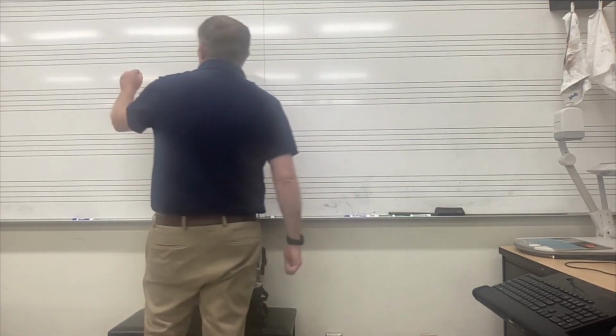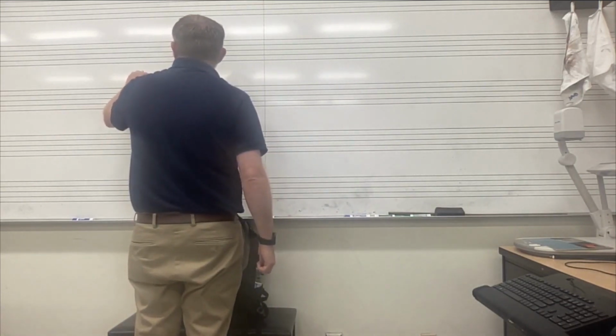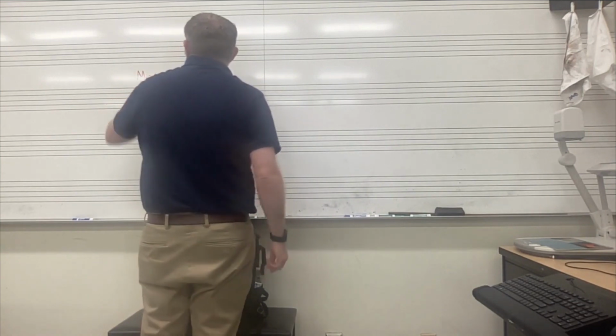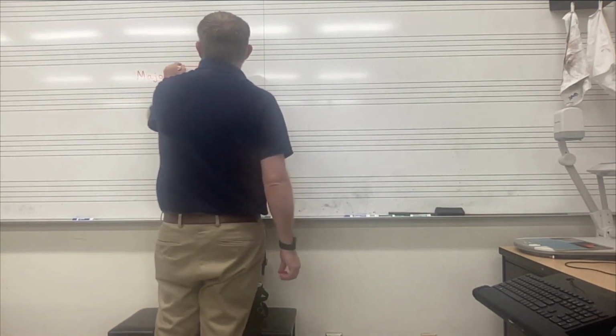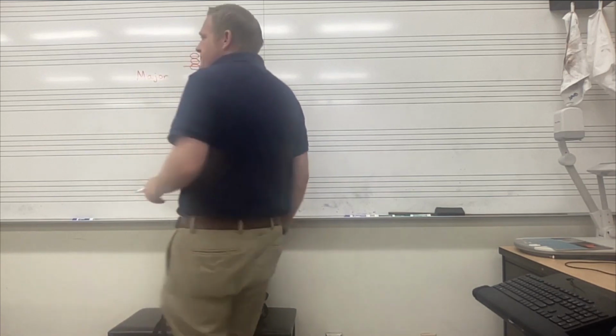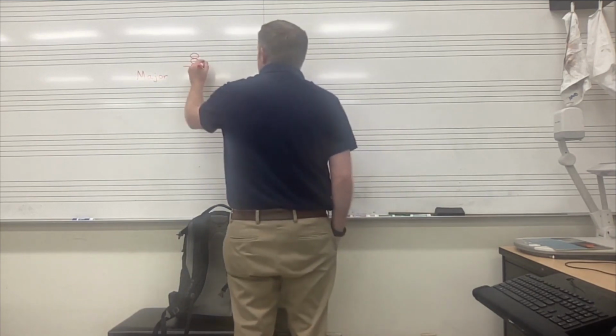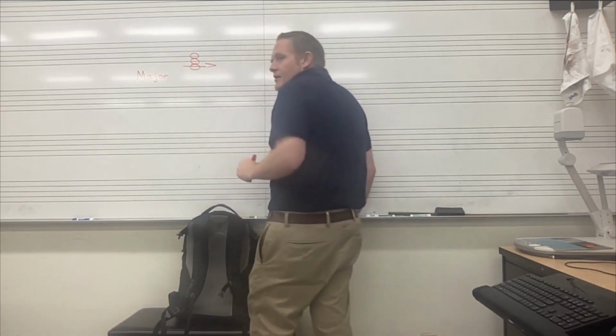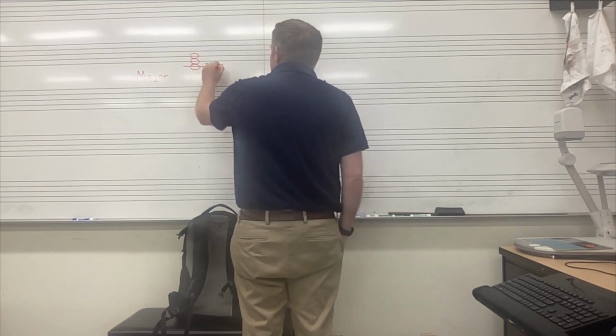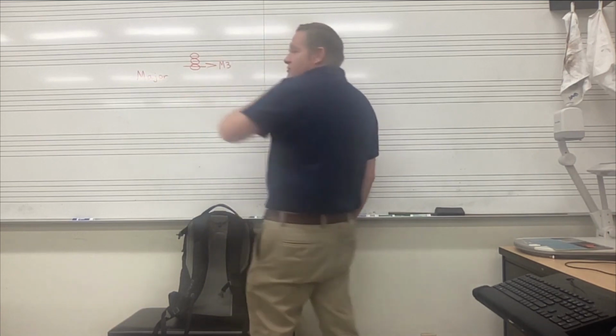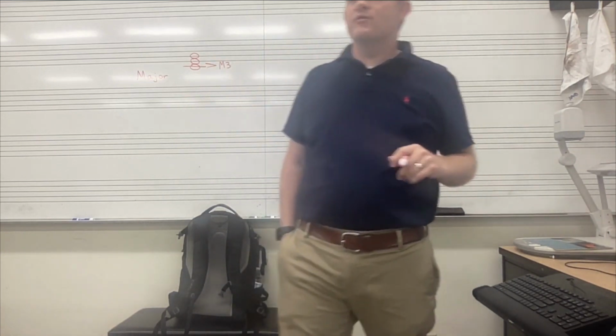Number 1 is called major. Now, a major triad has 3 notes. In between the bottom 2 notes is what we call a major third. That's what kind of interval it is, a major third.